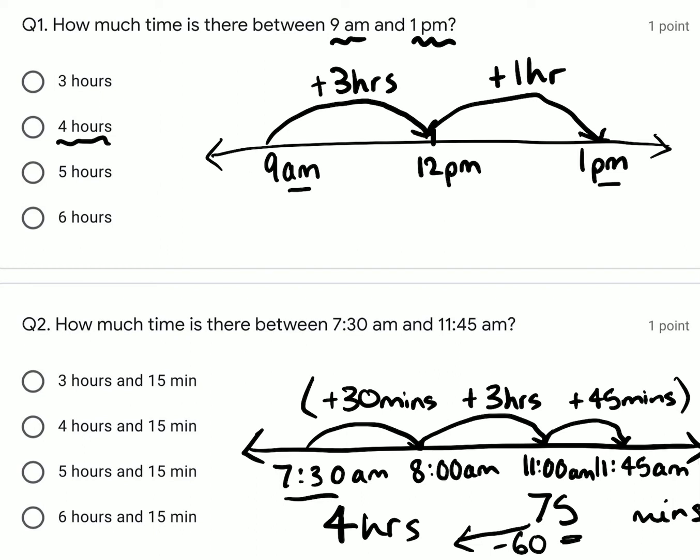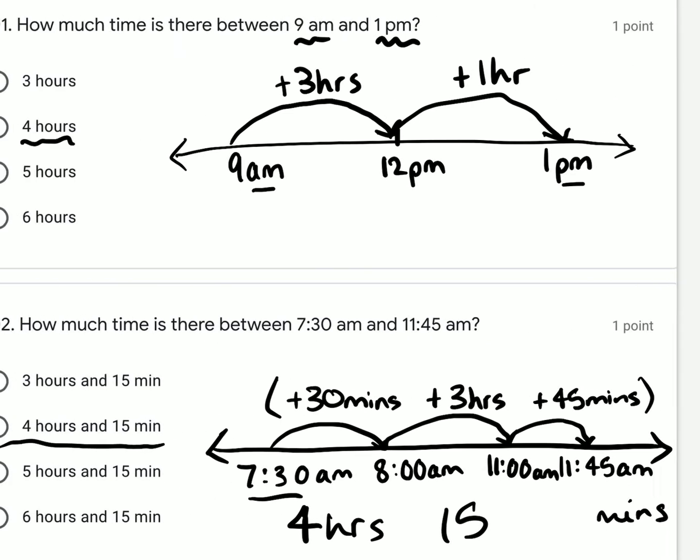We're still left with 15 minutes over here. 75 minus 60 gives us 15 minutes. So we've got to be careful that we're not writing something like 75 minutes. Because if there's 75 minutes, you may as well just say that's an hour and 15 minutes. We don't usually talk about minutes like that. Okay, so 4 hours, 15 minutes, that's our answer.